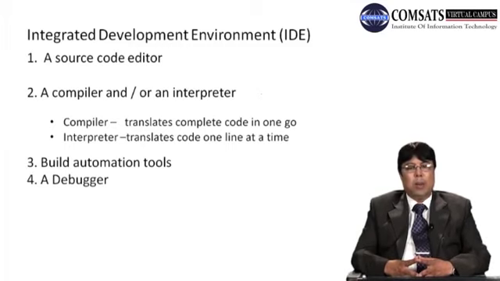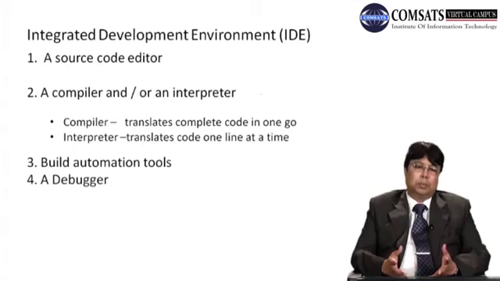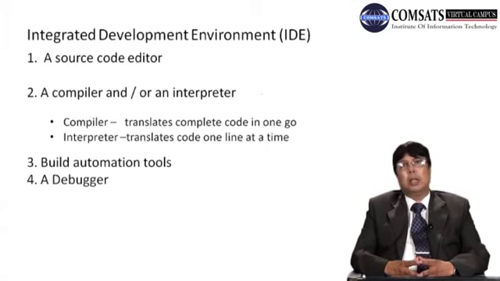The difference between compiler and interpreter is that a compiler translates the complete code in one go, whereas an interpreter translates the code line by line. I will again explain in future some more interesting differences between compiler and interpreter.